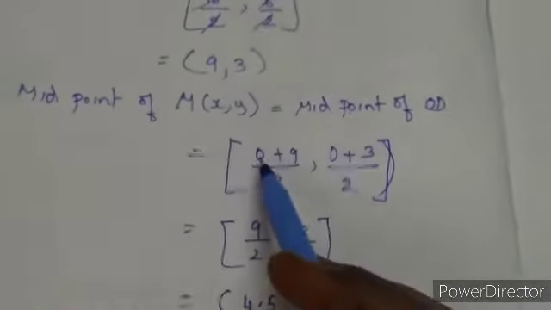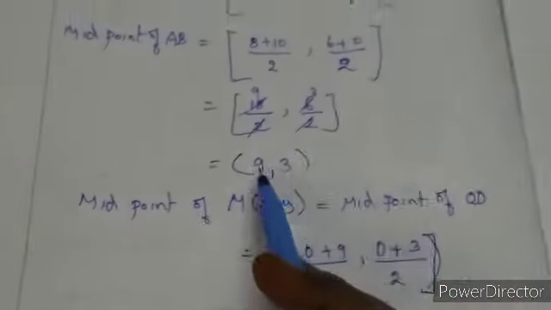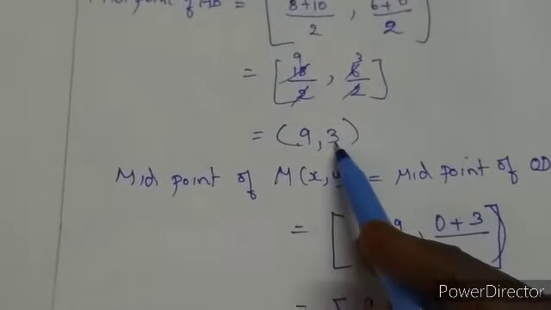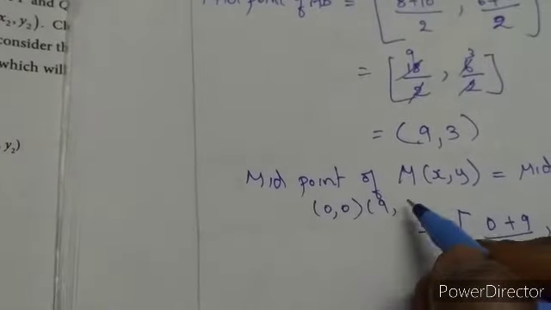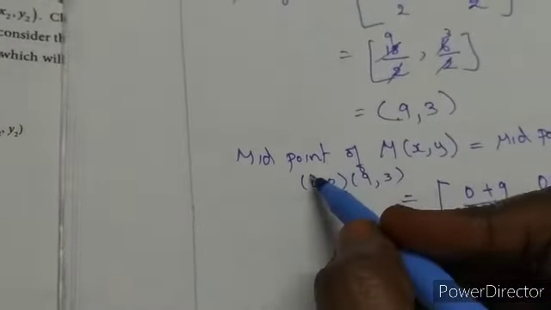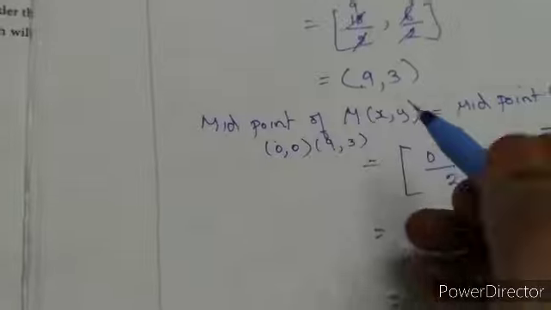Here I am just doing the division of the given fraction. The points are (0, 0) and (9, 3). So x1, y1, x2, y2.